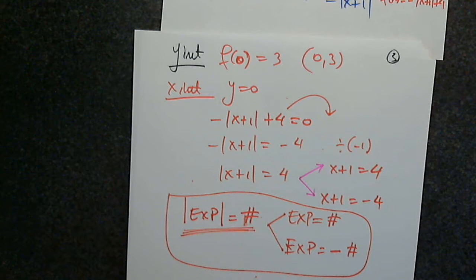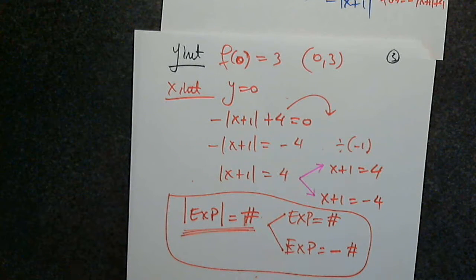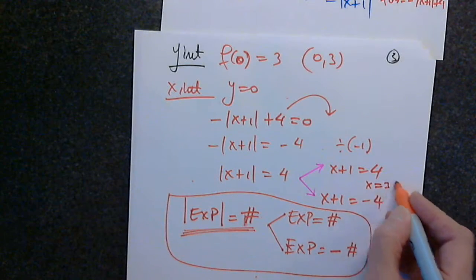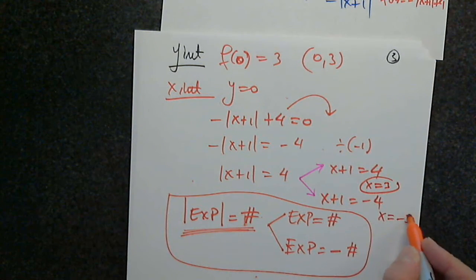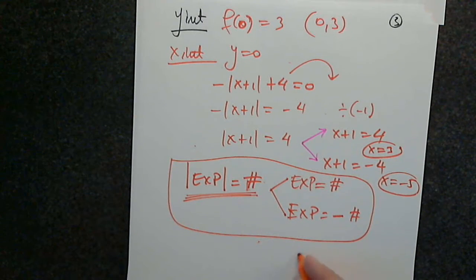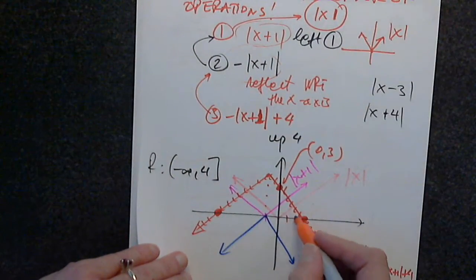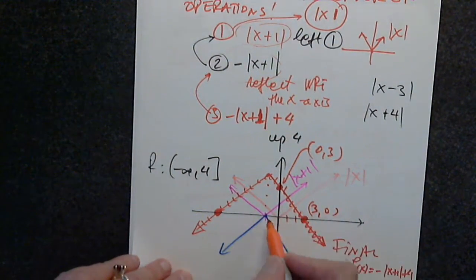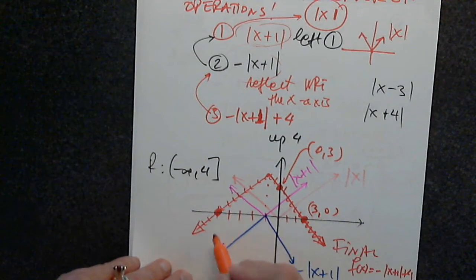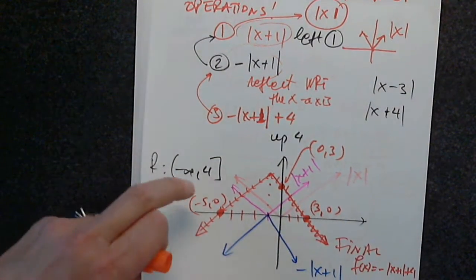If it's 0, there is only one option. If it's negative, there is no option, because the positive cannot equal negative. So from here we have that x equals 3, and from here that x equals -5. So the x-intercepts are 3, 0 and -5, 0. So this is 3, 0, 1, 2, 3, 4, maybe. -5, 0. Not perfect.